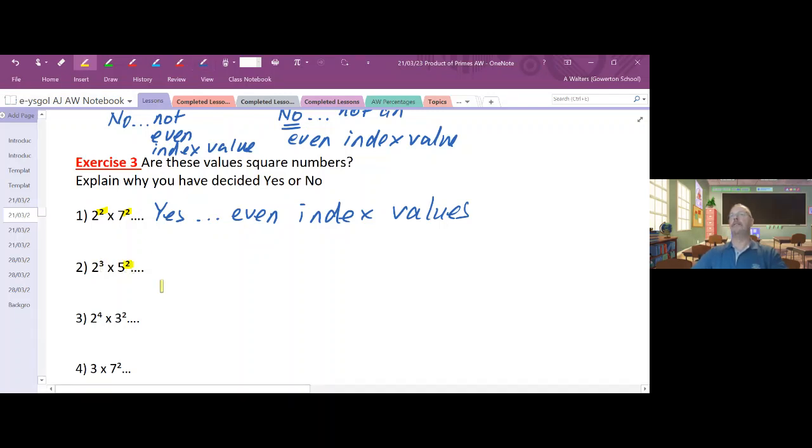That is an even index value, but unfortunately, this one I've highlighted. Oh, sorry, I haven't highlighted very well. This one has a power of 3, suggesting that the number is not a squared number. No, it's not a squared number because of the not even index values.